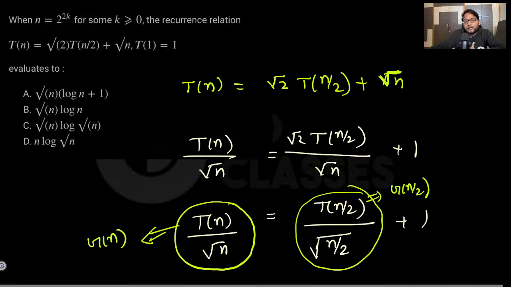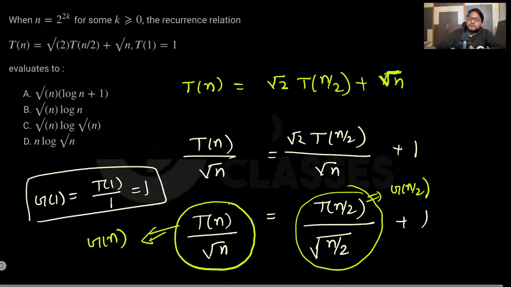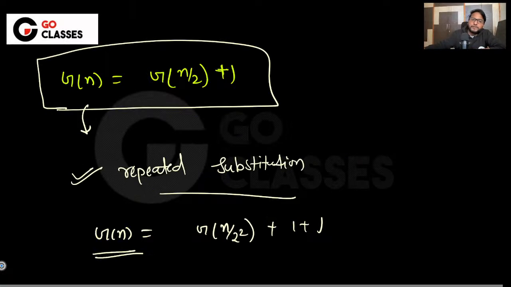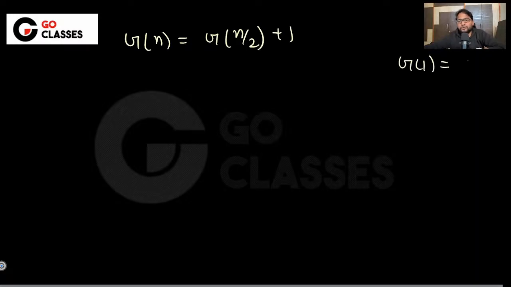See, if you want to find the value of G1, can you tell me the value of G1? It will be T1 upon 1, which is just 1, right? G1 is 1. So what you can do, let me just do it. See, we have got this, right? And the base case here is that G1 is 1. Actually G1 is T1 upon 1, so this is also 1.